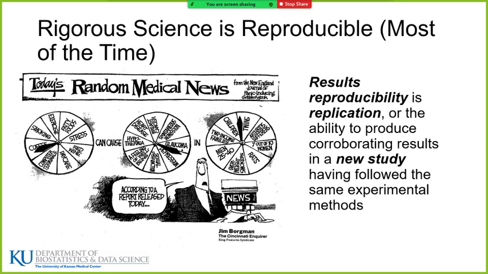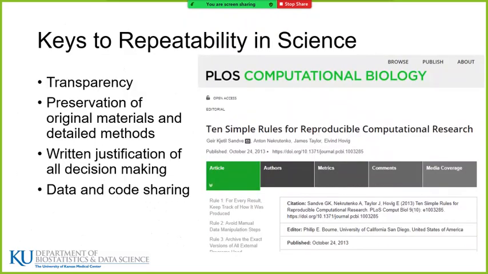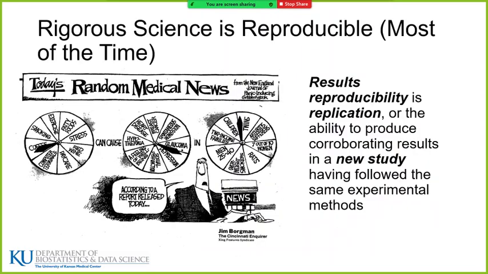Another aspect of rigorous science is the fact that it's reproducible. So repeatable versus reproducible. And this is my definition of repeatability and reproducibility. I want to warn you that if you go out to investigate this in the news, in the literature, you might get slightly different versions, but this is one definition used of reproducibility.